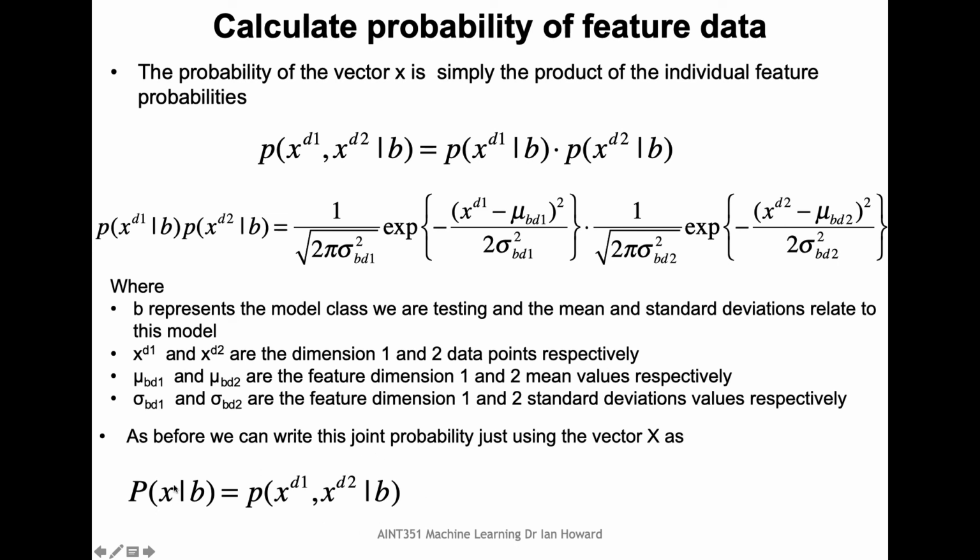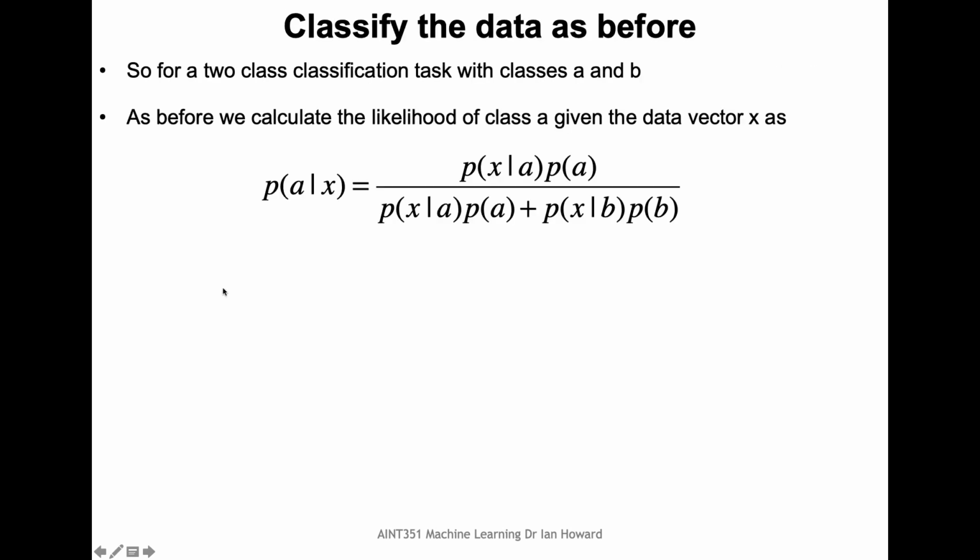Now this is the overall vector. The probability of the x data vector given B is given by the joint distribution, which is this expression of two multiplied Gaussians. That's fine, we've got the data given the model. But we need the model given the data, because we need to decide which class it's coming from.